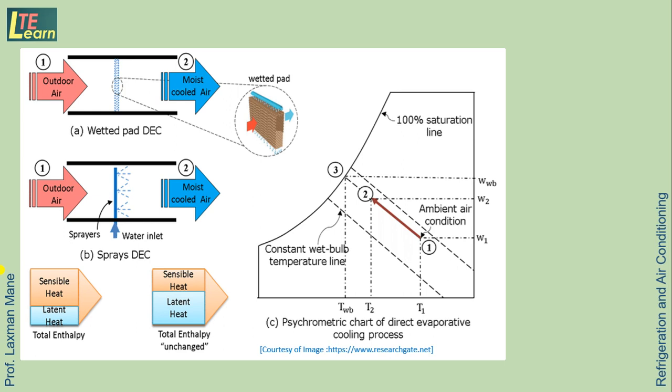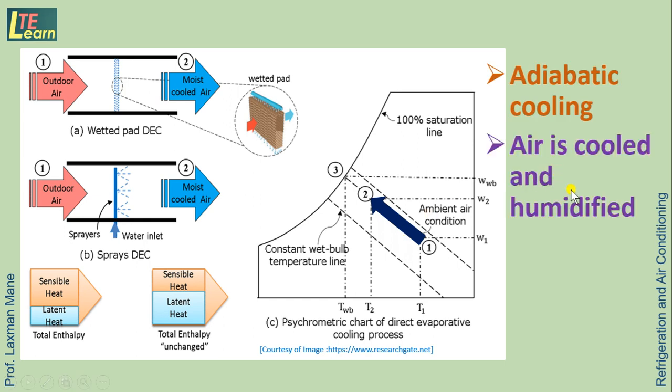So sensible heat of air is reduced and latent heat of water vapor is increased. Thus, total enthalpy of air vapor mixture remains unchanged. So, this process is called adiabatic cooling. In this process, air is cooled and humidified.